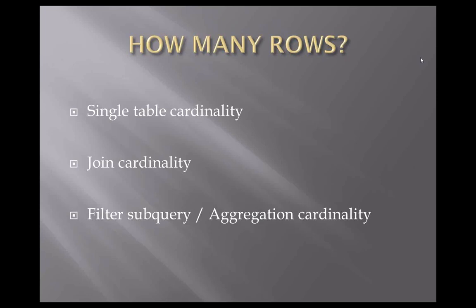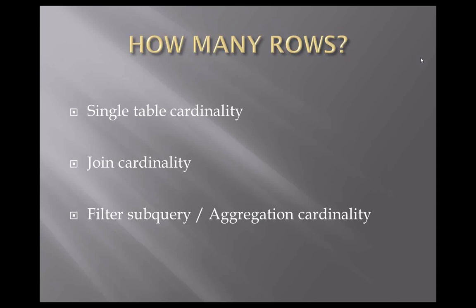You have the so-called single table cardinality, and you have the join cardinality, and you have some more things like filter subqueries or aggregations that again can be important to your execution plan.